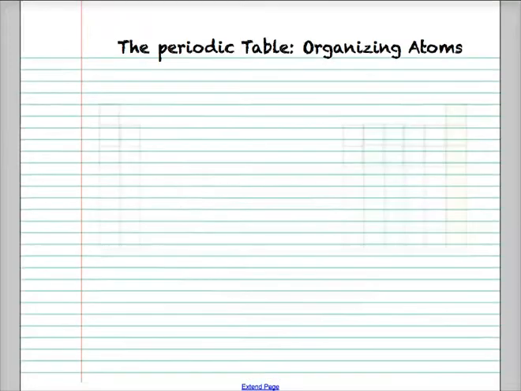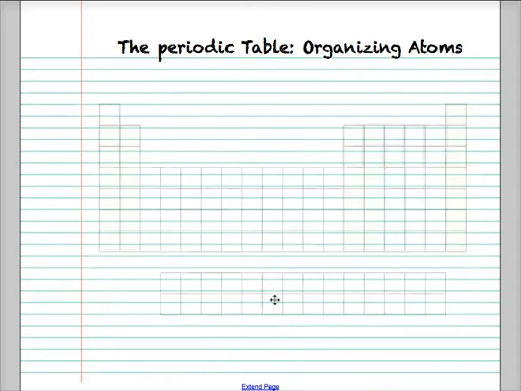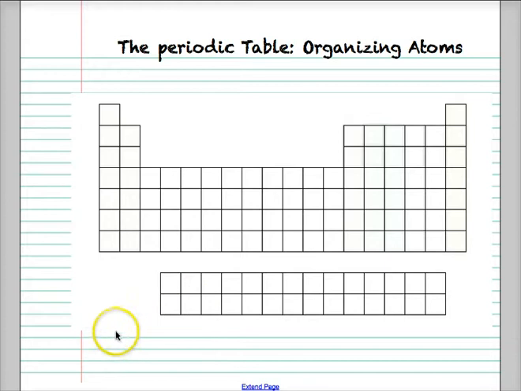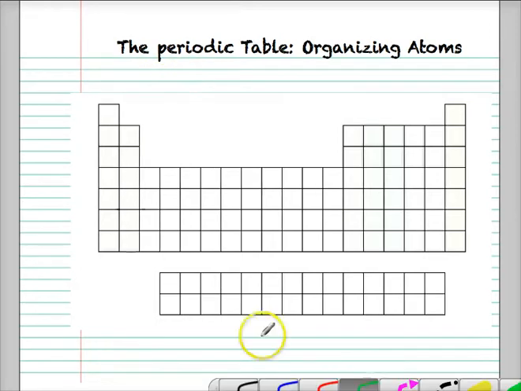Now, these different elements can be organized very nicely in something called the periodic table, which essentially is a grid of this shape. Originally the elements were put into groups based on their chemical and physical properties.